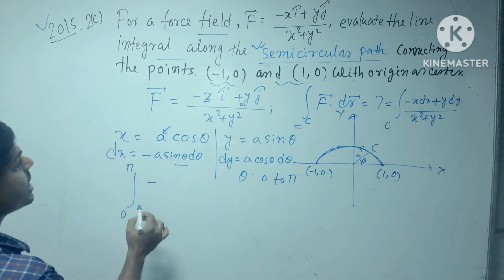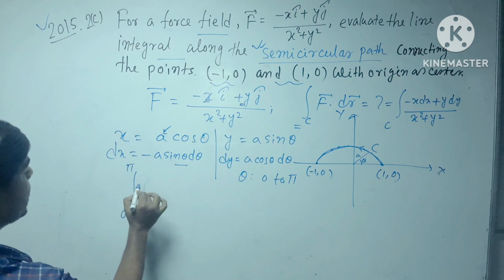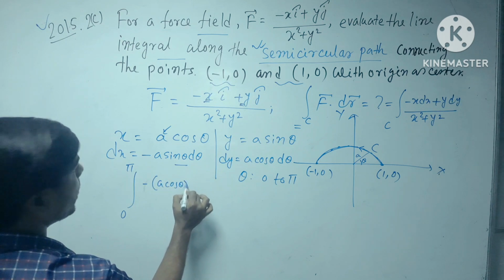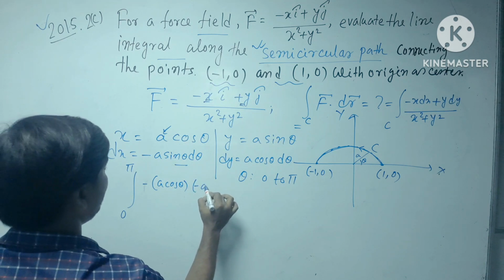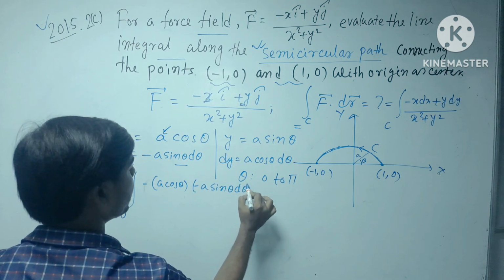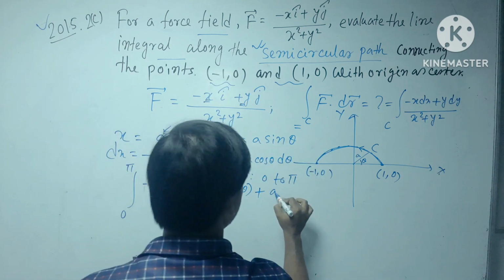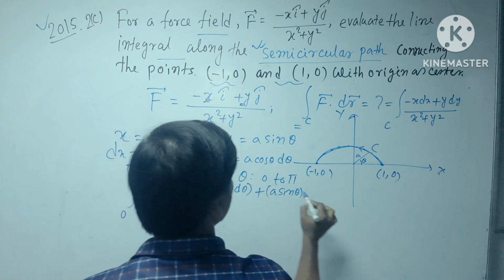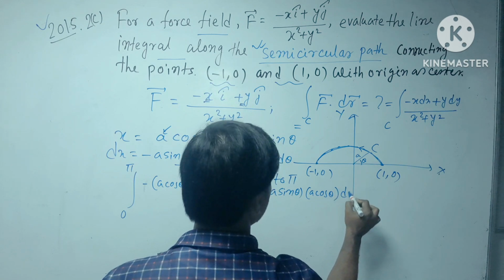So minus x means a, minus as it is যেমন থাকলো a cos theta, dx means minus a sin theta d theta, plus y dy, y is a sin theta, dy is equal to a cos theta d theta.